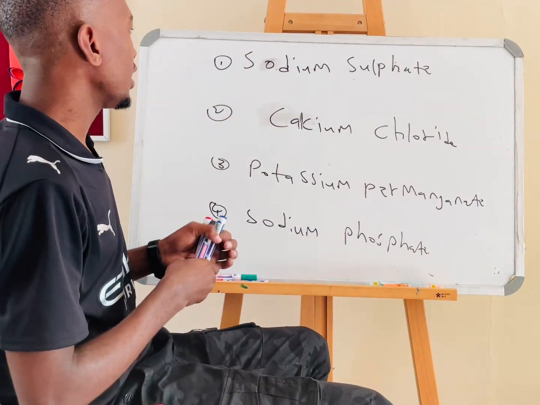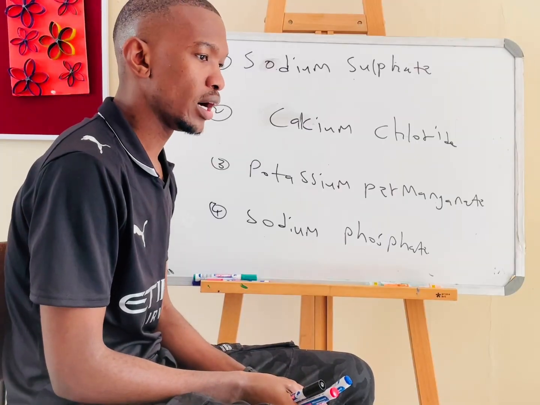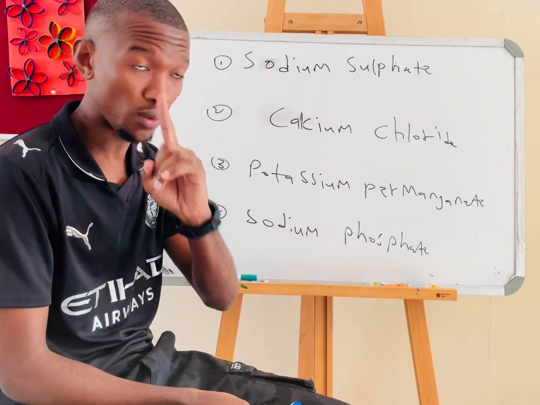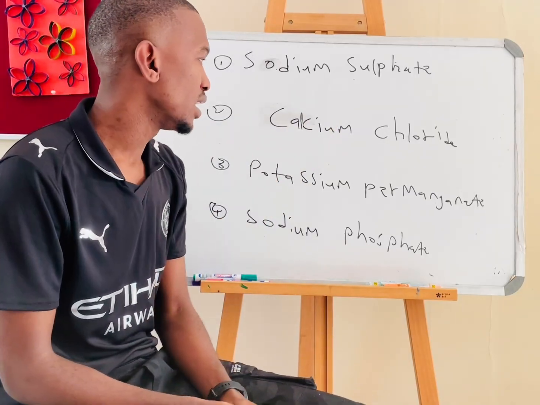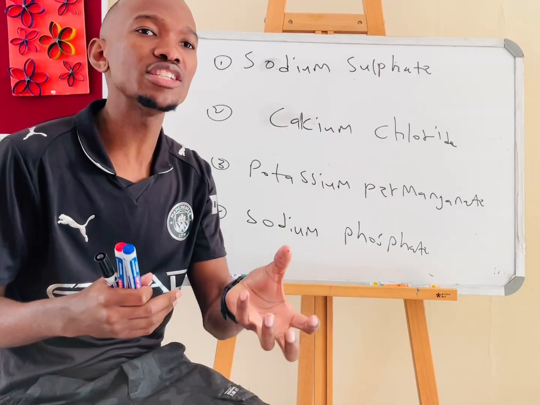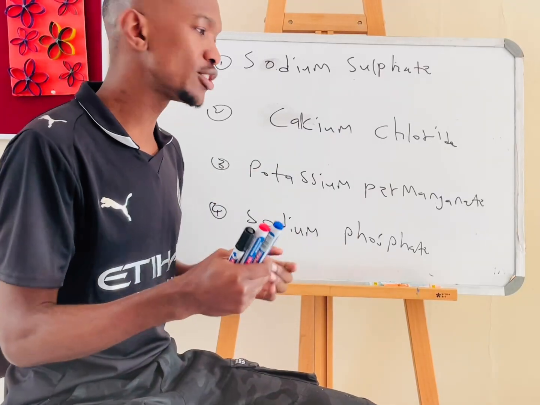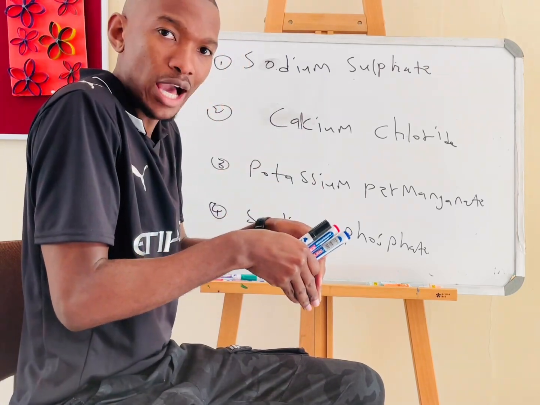Okay. Now, what's going to happen here is that you are going to give the chemical formula. Number 1, give a chemical formula for each of the substances here. And then the last part is that you must show the dissociation of these substances. Remember, dissociation is when these substances tend to produce ions in a solution.